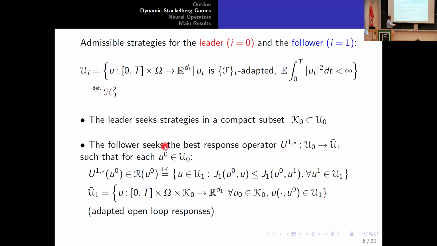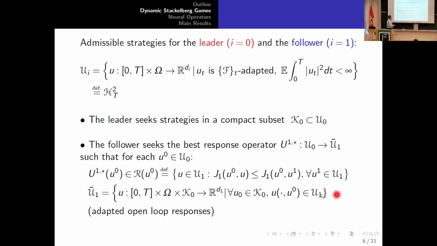U0 is the leader's strategy, and the best response operator maps into the follower's strategy space. We can see U1 star, that is R of U0, is a best response, meaning it gives a minimal value in comparison with other actions the follower may take.